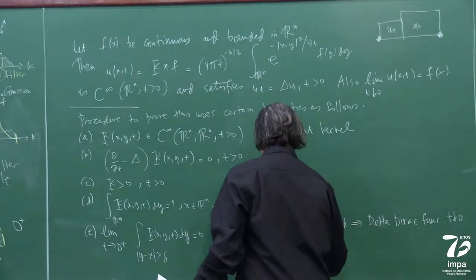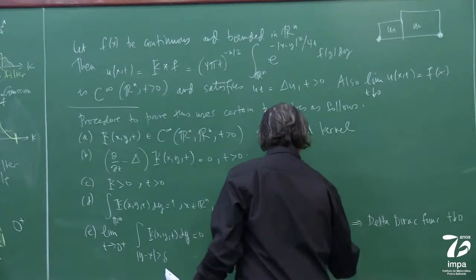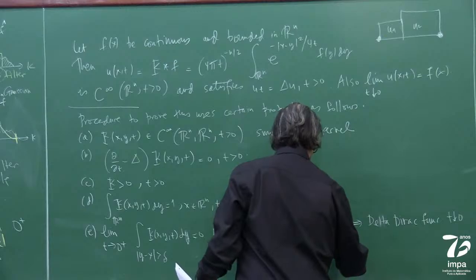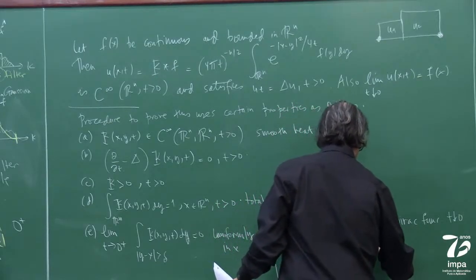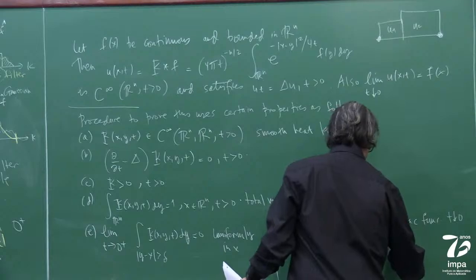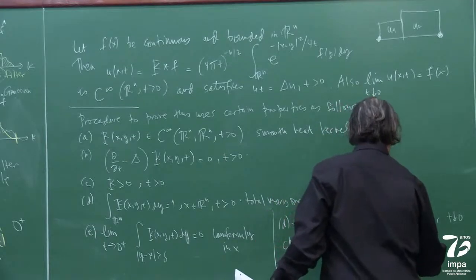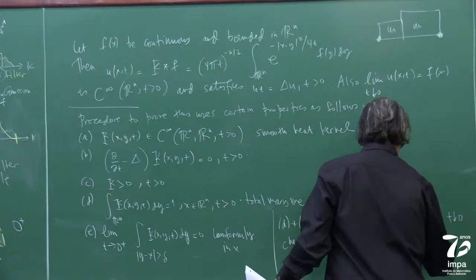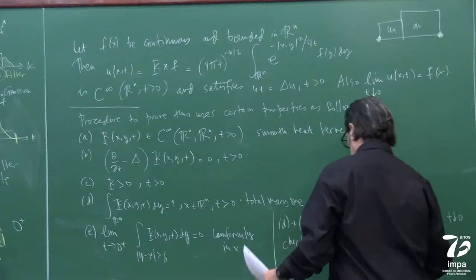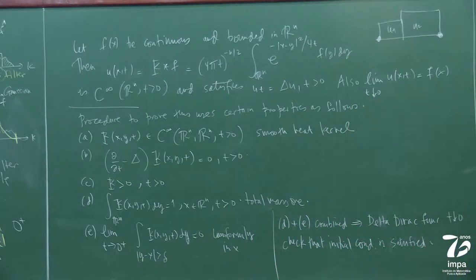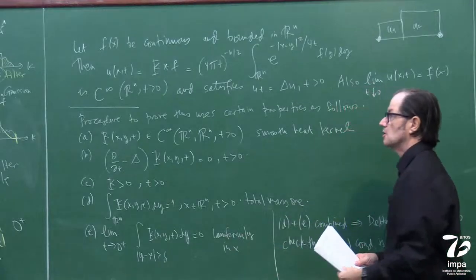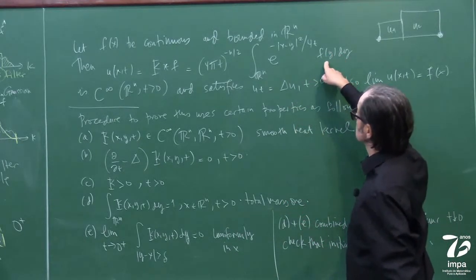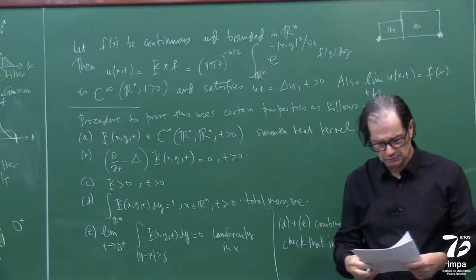Whoever's watching, check that the initial condition is satisfied. Okay, with all these facts, the delta function, this uniformly coming down, you will see that this gives us back F, right?